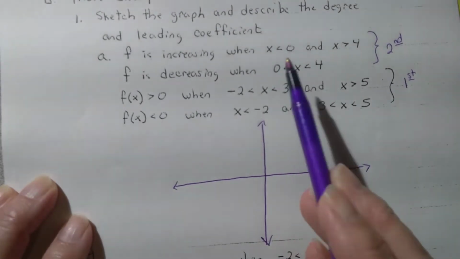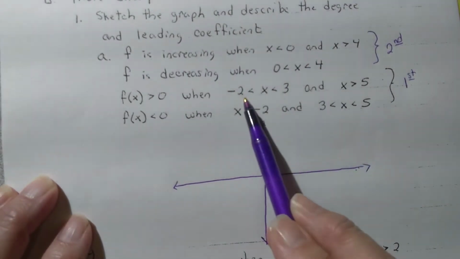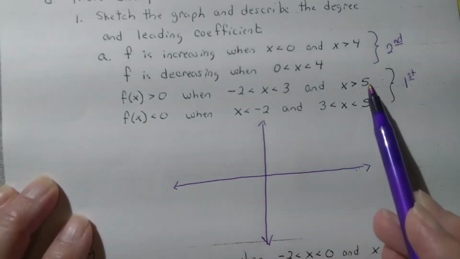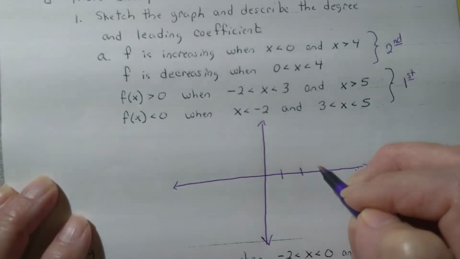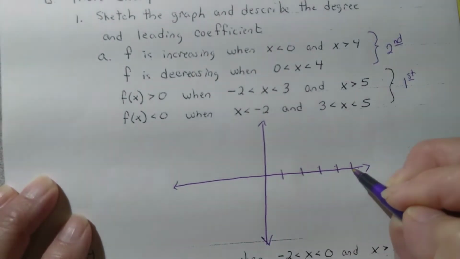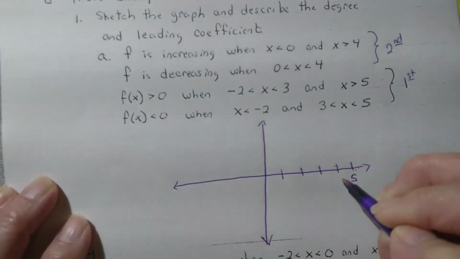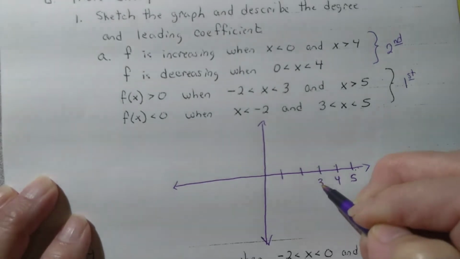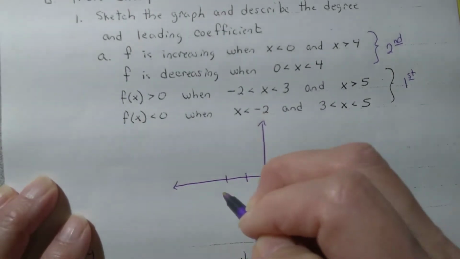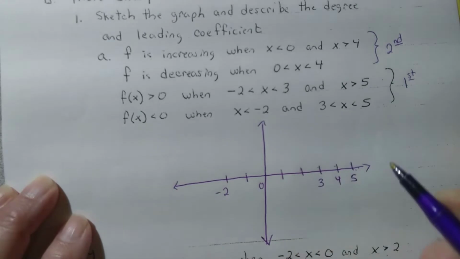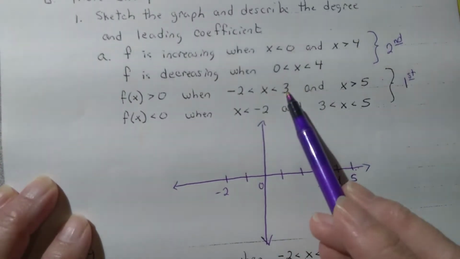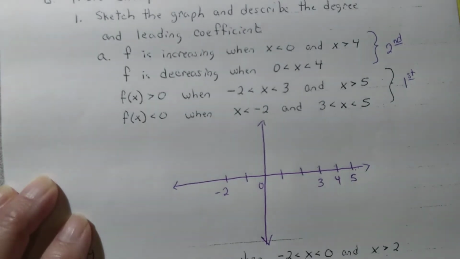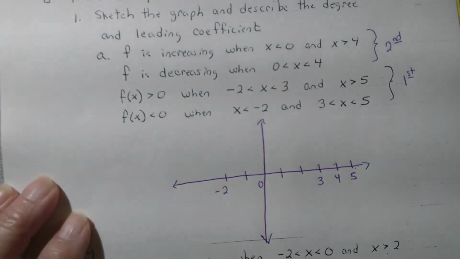So I've got 0, 4, -2, 3, and 5. Those are my important numbers, so I put them on my graph.